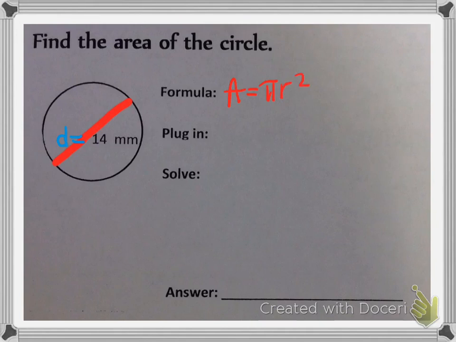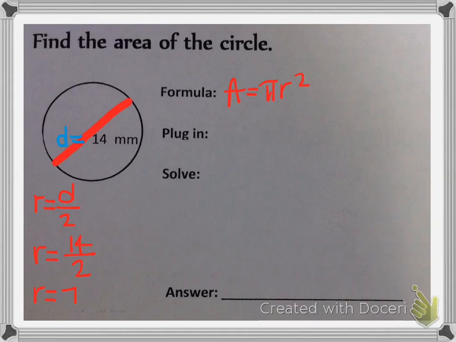Now notice we have radius, but our problem gave us diameter. Remember, we have a formula for radius that says radius equals diameter over 2. So if we plug in our diameter, we have radius equals 14 over 2. 14 over 2 is the same thing as 14 divided by 2. So now we have radius equals 7.